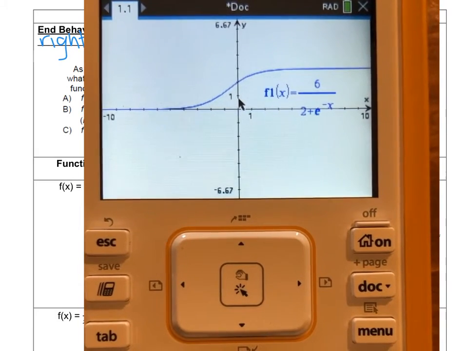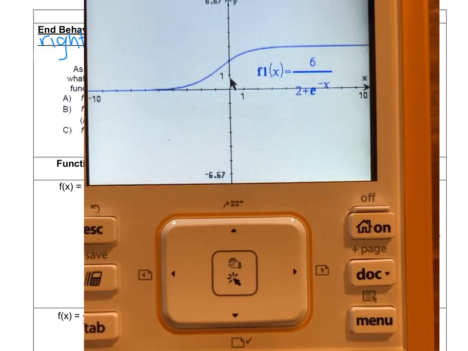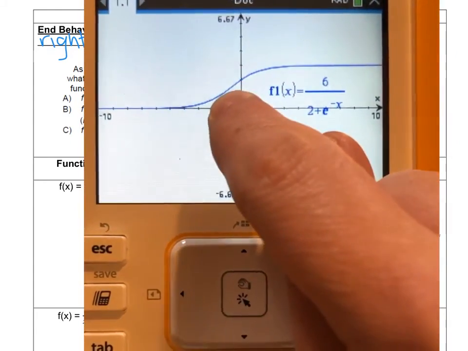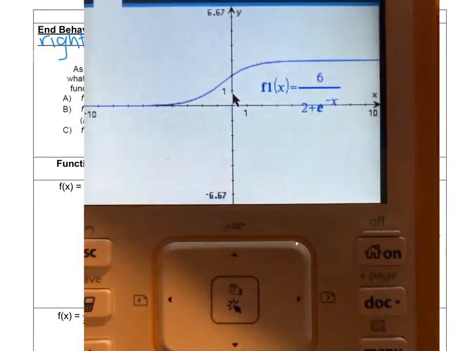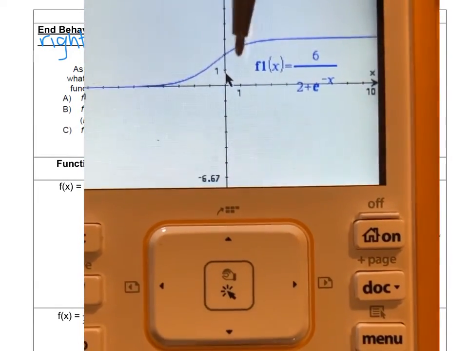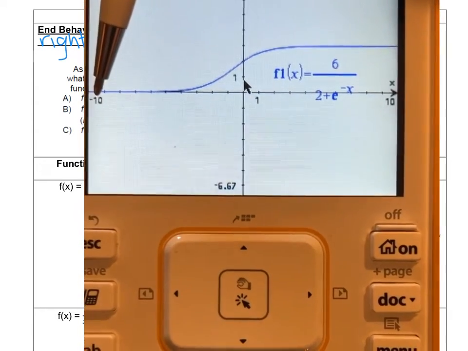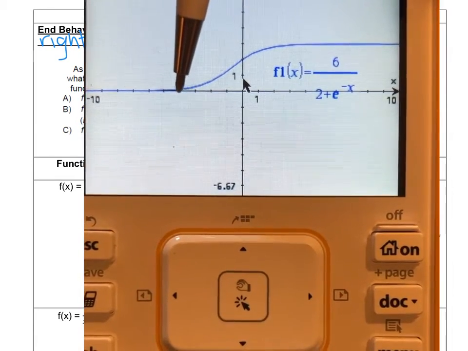Alright, so we get a graph that looks like this. So let's start off on the left side. And as you can tell, this graph on the left side levels out. So what value is this graph approaching? I want to look at, as my x values go more to the negative, as I'm going to the left side, my y values are approaching 0.